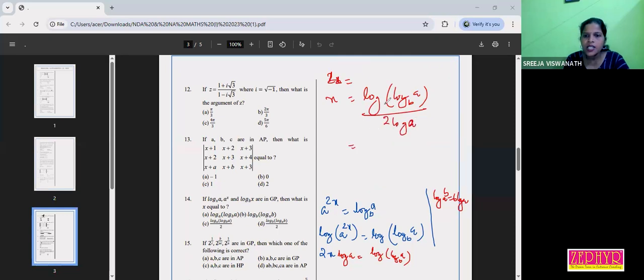Okay, this is what? Log a by log b means log a to the base b. So here, log of log a to the base b to the base a by 2.